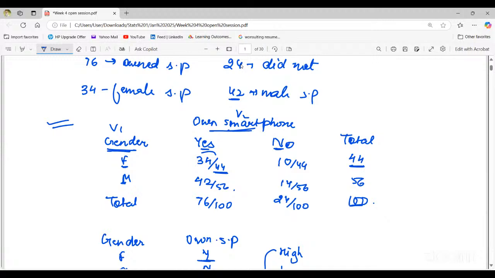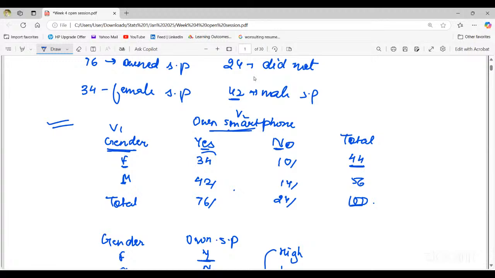Now in the same table, that was row relative frequency. Now I'm calculating the column relative frequency. In column relative frequency, we divide each cell frequency in a column by its column total, the same way as the row relative frequency.